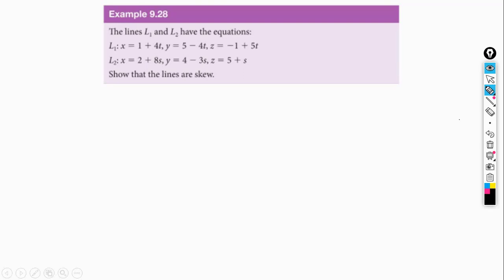So let's continue with example 9.28. It says lines L1 and L2 have the equations, and they give us the equations. Show that the lines are skew.